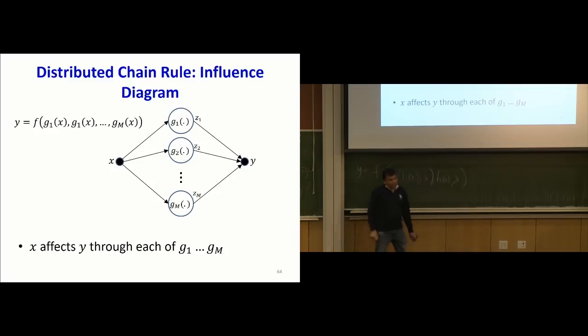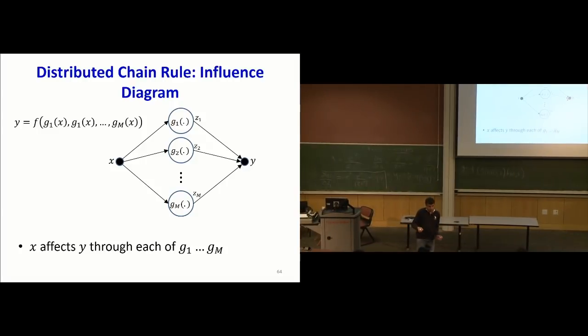Now this looks really ugly, does it not? The value y is a function of x, but not just directly a function of x. It's also a function of another function g, which is also a function of x, but also a function of h of x. And then y again is also a function of h of x, right?